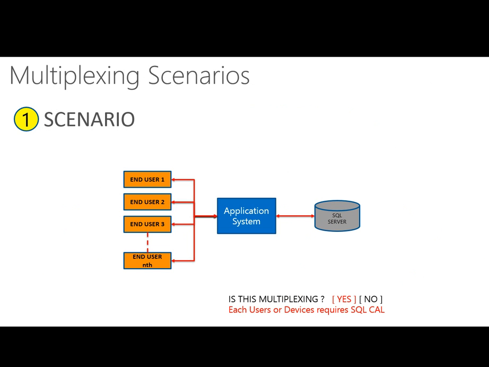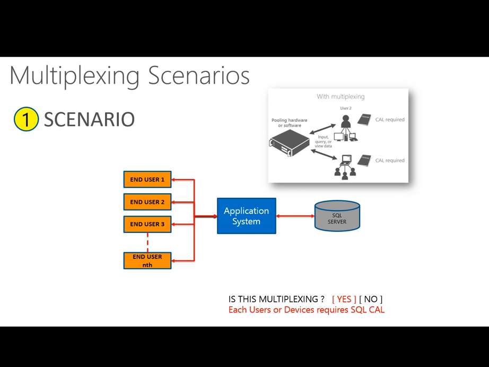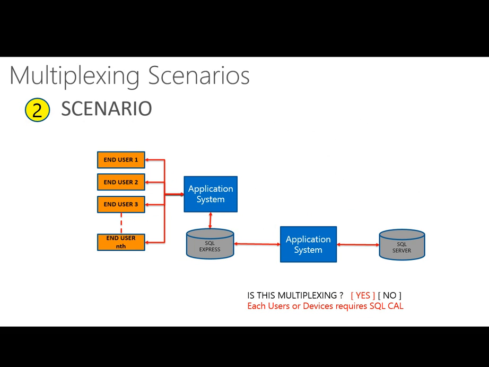Scenario 1. We have a number of users, and these users will connect to an application, and the application will connect to the SQL Server. Is this multiplexing? Yes, the answer is yes, because the application is pulling data from the SQL database. Scenario 3. A number of users will connect to an application, and then the application will connect to an SQL Express, and SQL Express is free.